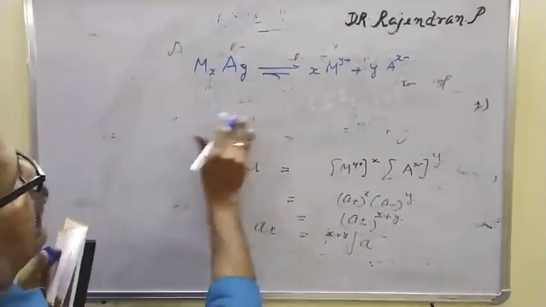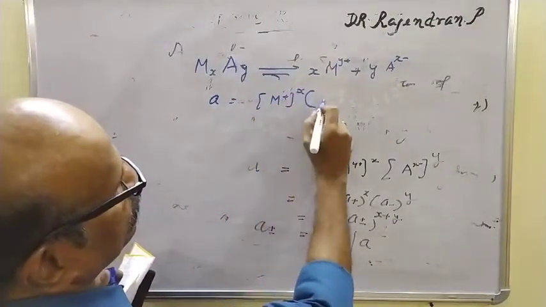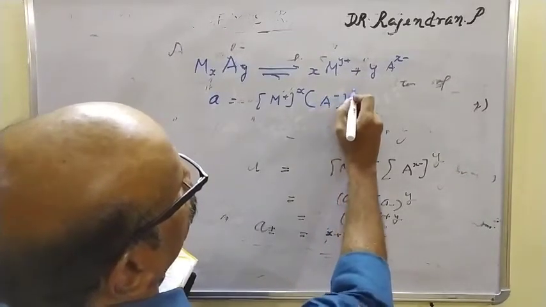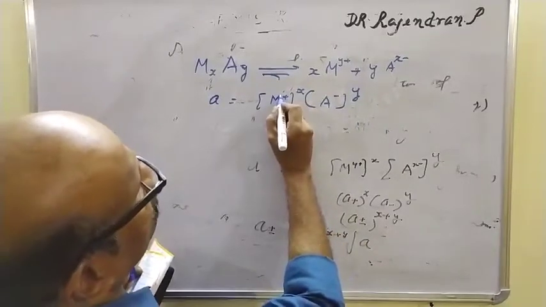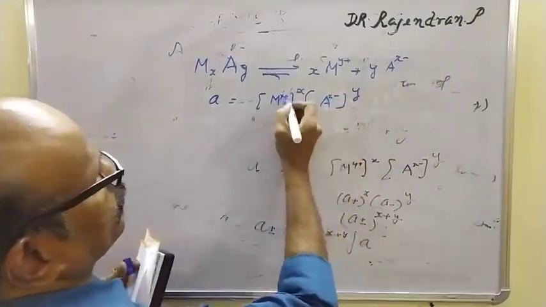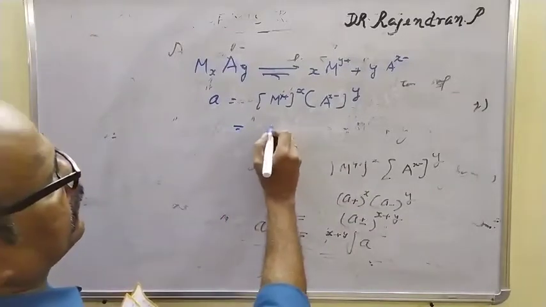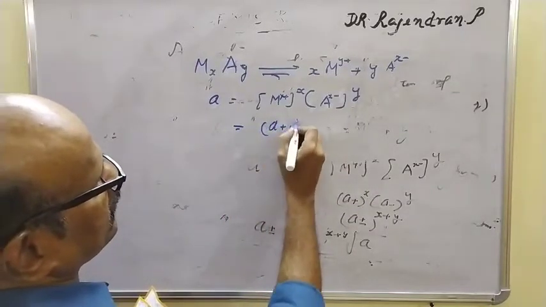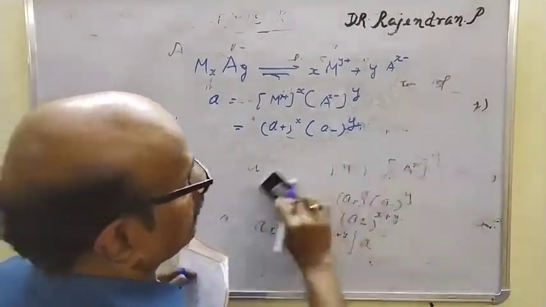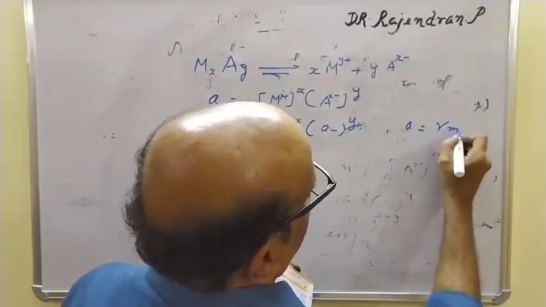Then we have the equation: activity a is equal to a plus raised to x into a minus raised to y. The charge here is y plus and x minus. You don't need to bother with this number, this plus and this minus. You have to remember the ionic concentration, a plus raised to x into a minus raised to y. Also you know that a is equal to gamma into m.